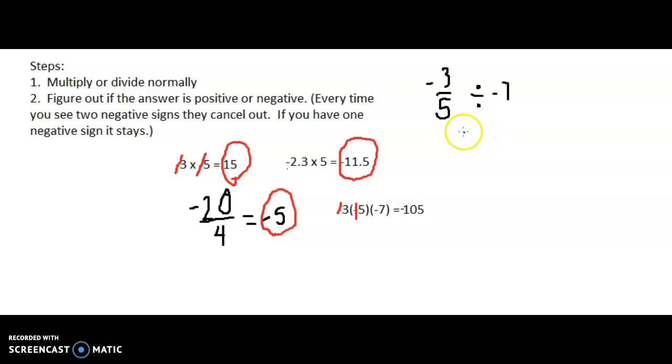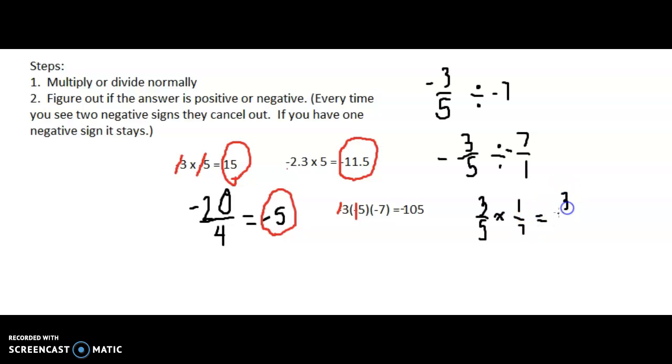First step is to multiply or divide normally. With division, we have to make sure we turn any mixed or whole numbers into improper fractions. So 7 is going to turn into 7/1. We keep our negatives. Next step with division of fractions is keep, change, and flip. Now we get to multiply across.